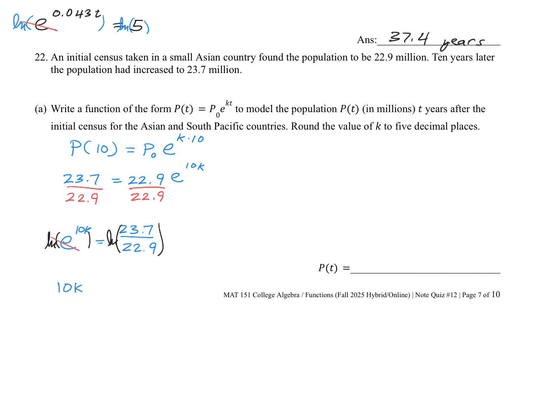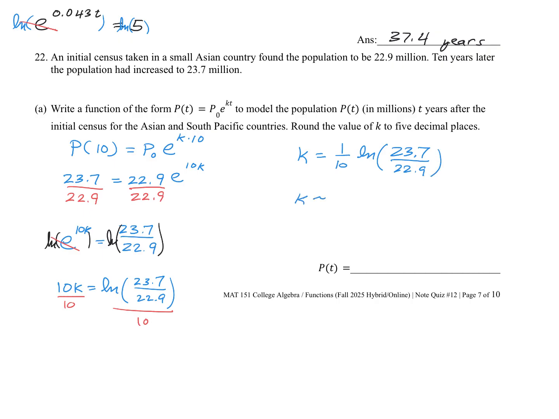So 10k is equal to the natural log of the fraction 23.7 over 22.9. Then, of course, to get k, we just divide both sides by 10. So k is exactly 1/10 of the natural log of 23.7 over 22.9.